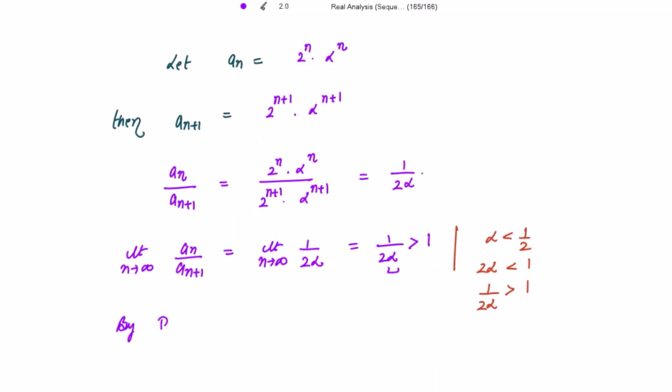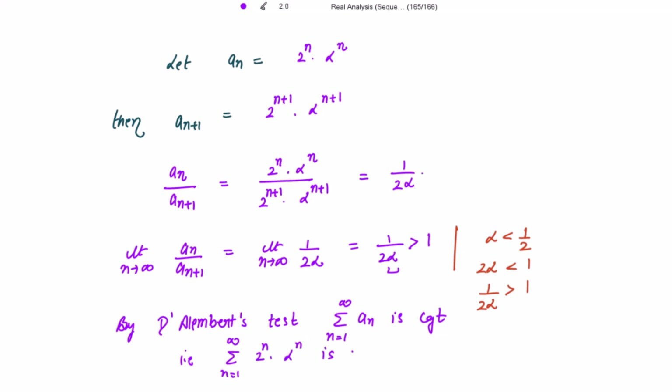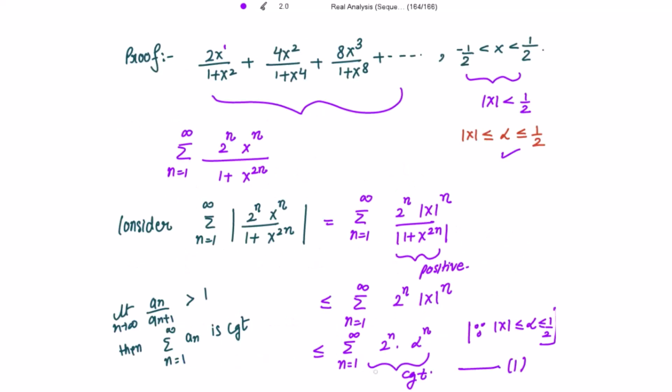So by D'Alembert's test, summation n going from 1 to infinity of an is convergent. That is, summation n going from 1 to infinity, what is an? It is 2 to the power n into alpha to the power n, is convergent. This is what we need for the Weierstrass M-Test. Because this right hand side series is convergent, by the Weierstrass M-Test, this given series is uniformly convergent.